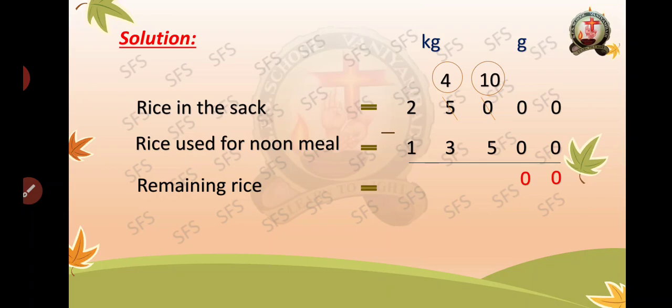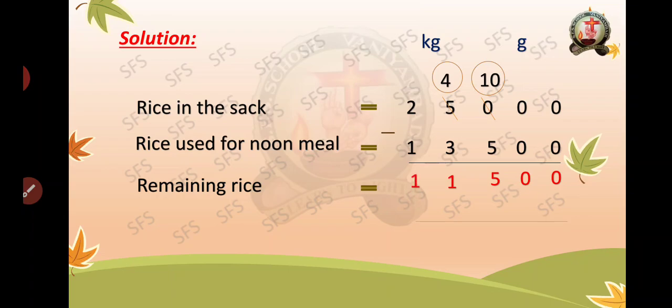Now 10 minus 5. Subtract, children. 10 minus 5 is 5. Good. Then 4 minus 3 is 1. Then 2 minus 1 is 1.